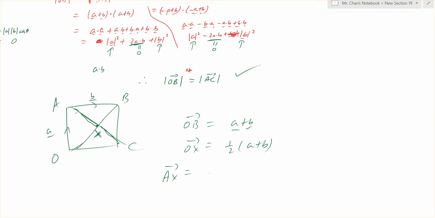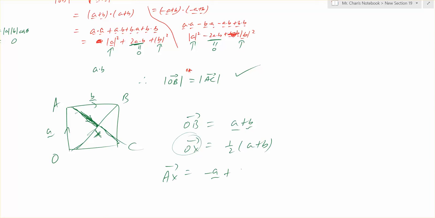AX, this resultant, is given by negative A plus OX. That's why we found OX.